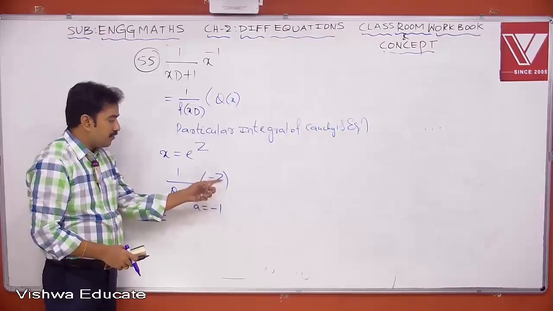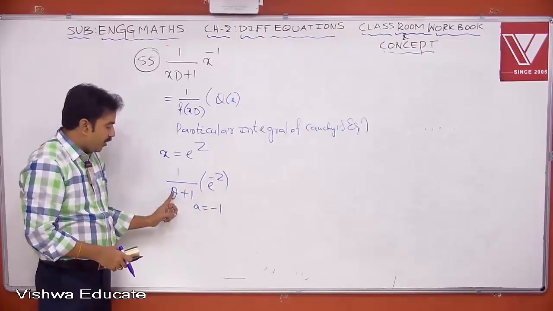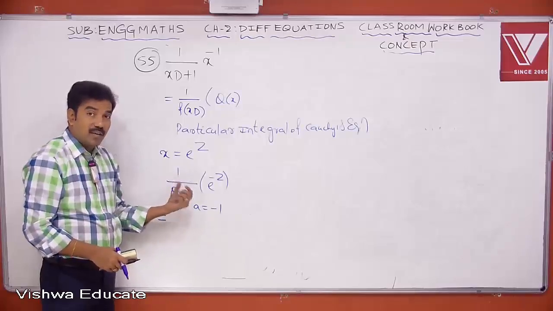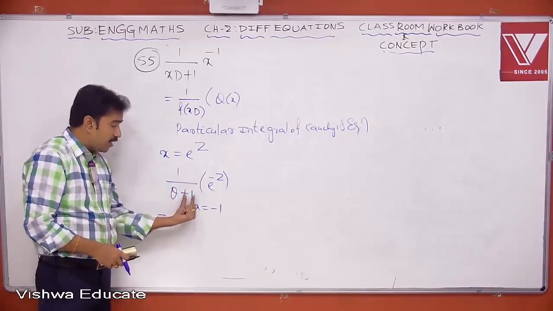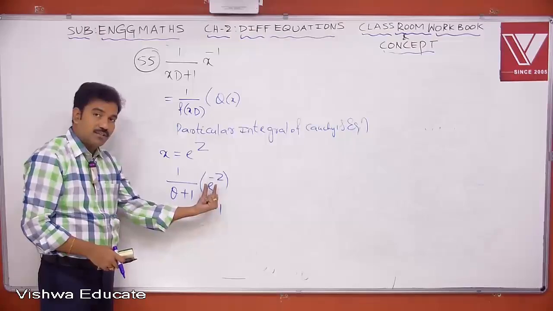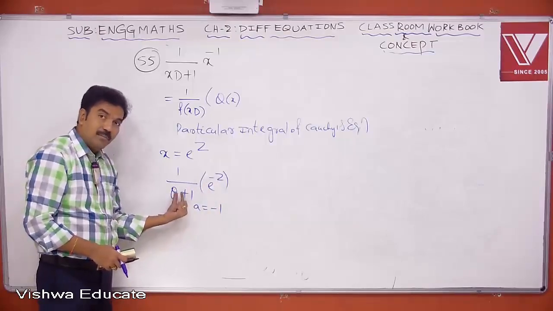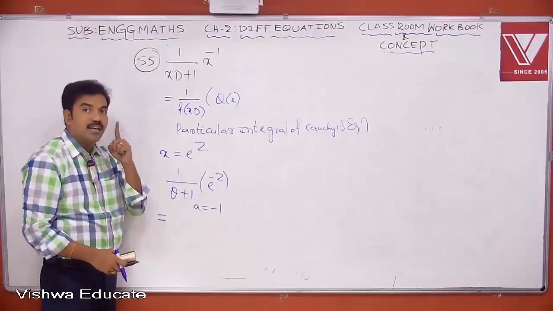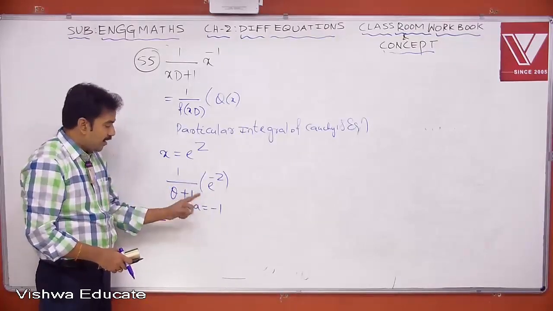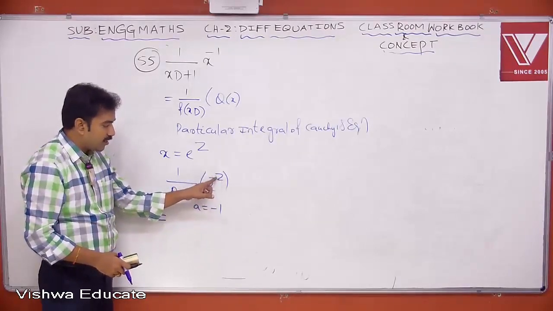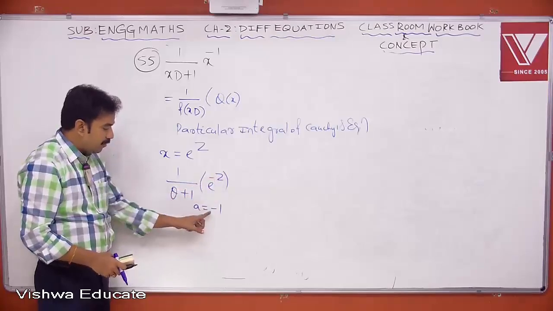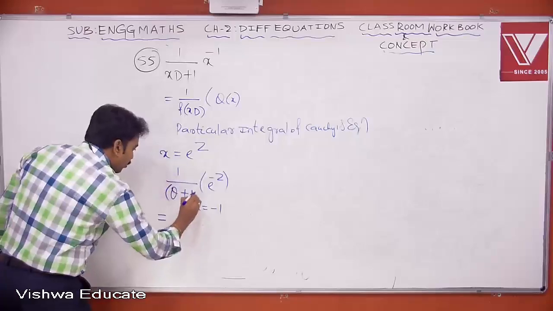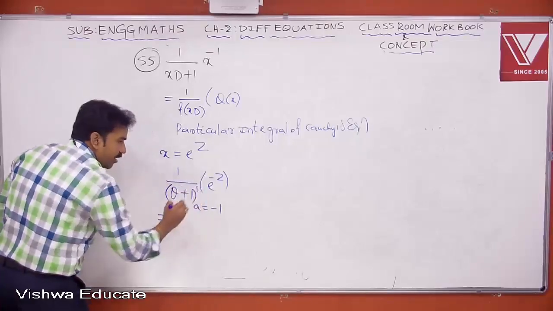Here what is the coefficient of z? Minus 1. So when we are working with variable x, we replace D by small a if the denominator is not 0. But in this case a is the coefficient of z, that is minus 1. When you replace theta by minus 1, it will be 0. Therefore minus 1 is a root of this equation with multiplicity 1.